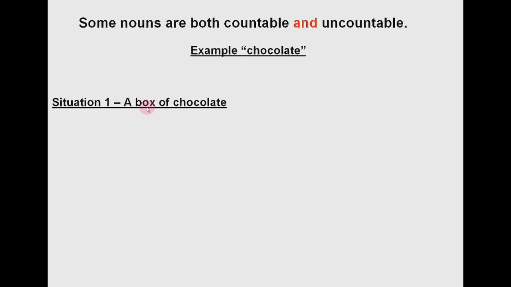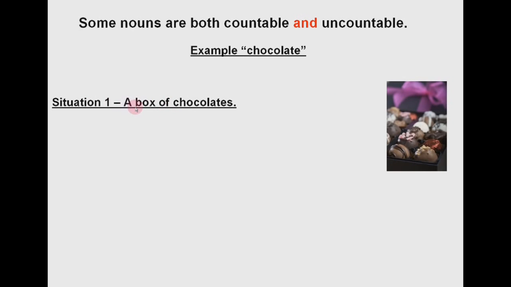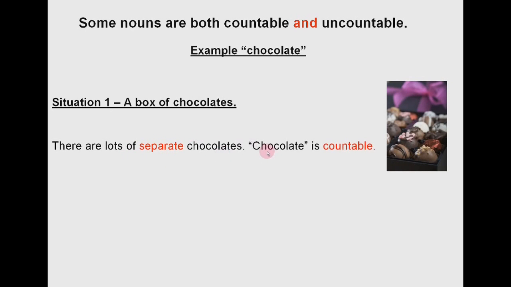In some situations, if we are talking about a box of chocolates, like here on the photograph, a box of small individual chocolates, then there are lots of separate chocolates. Chocolate, in this example, is countable. So we say, "Do you want a chocolate?"